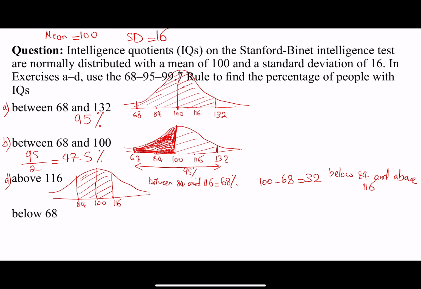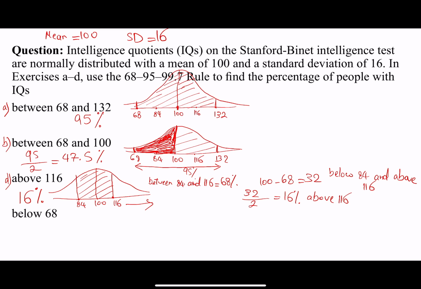The question was just higher than 116, it doesn't want lower than 84. We have a symmetric shape, so I divided by 2. 32 divided by 2 is 16, so we have 16% above 116. So here is the answer, 16%.